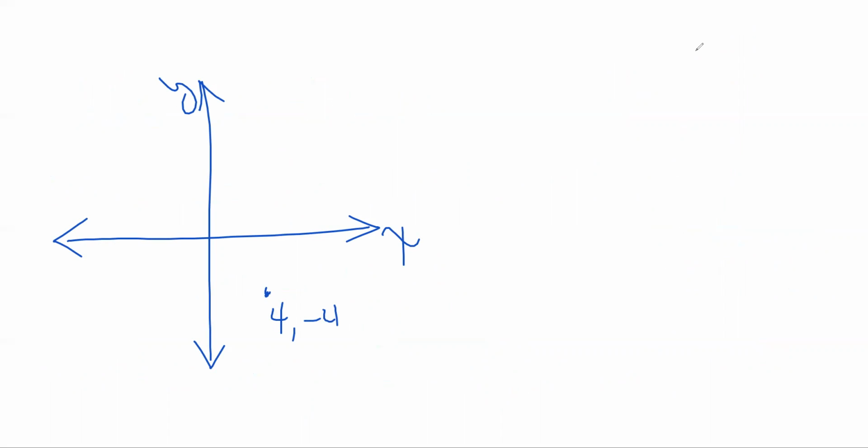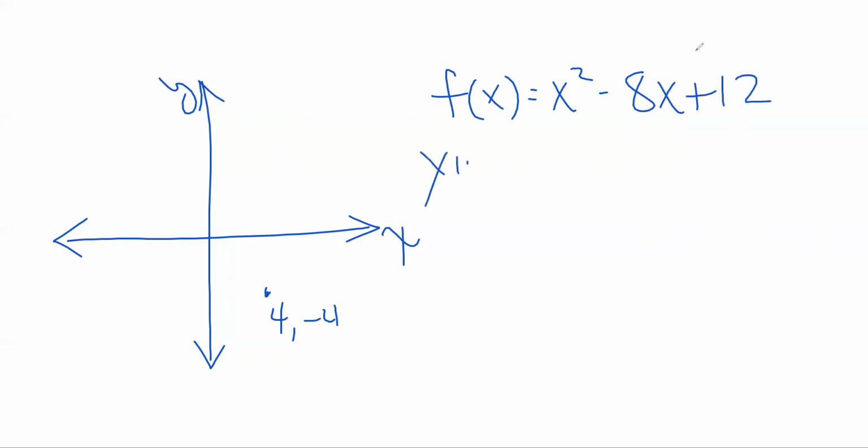Now, we may be interested in more details of the graph. Going back to the original graph, you may be interested in the y-intercept. The y-intercept is f of 0, and you can plug in 0 for all the x's.